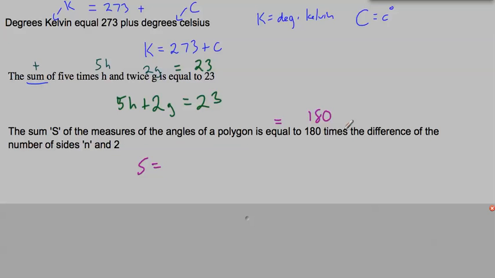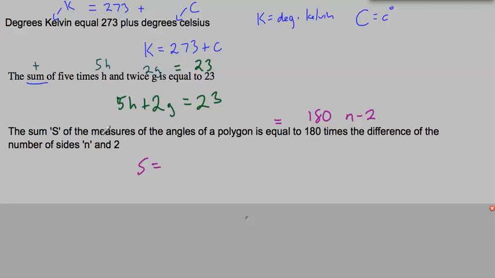So it's defining the variables for me as we go, so we don't have to write a key out for us. But it equals 180 times the difference of the number of sides n and 2. Well, the difference of the number of sides n and 2 is just n minus 2.